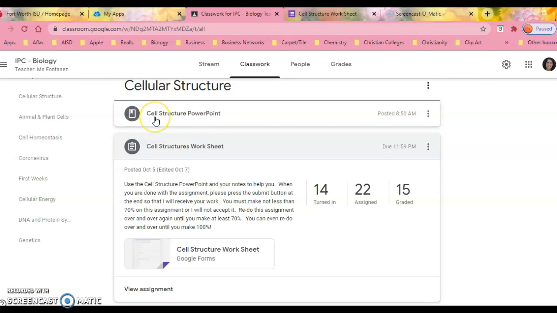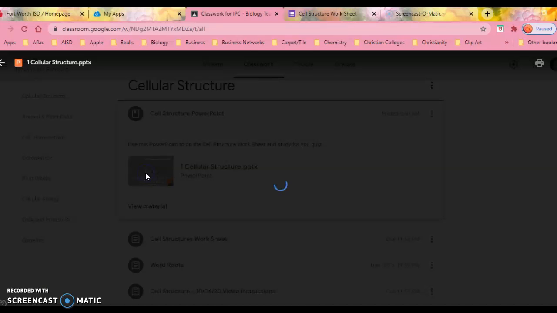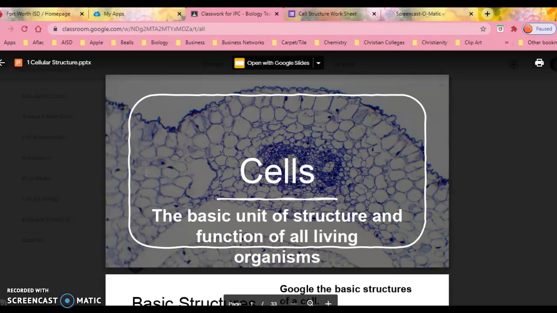Now we're going to select Cell Structure PowerPoint. Now you can see that these two are side by side, which is all right, but you know what? There's something better. You can pick either one, doesn't matter.